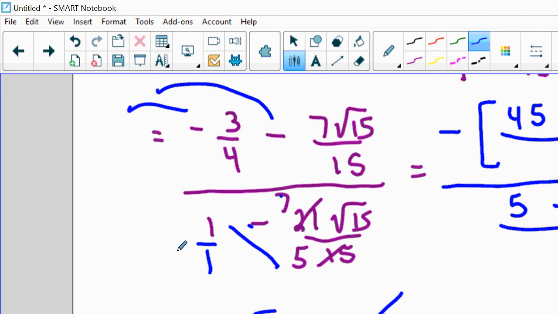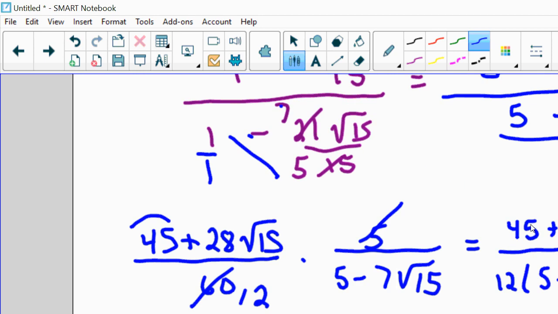The 5 and the 60 go 12. That 45 is 9 and 5. 28 is 4 and 7 now, nothing in common. Okay. So I get 45 plus 28 radical 15 over 12, 5 minus 7 radical 15.